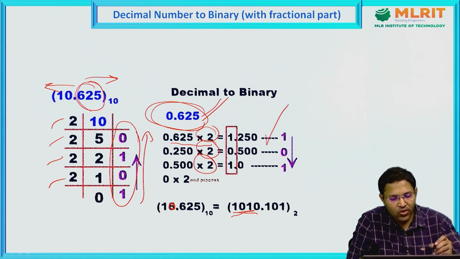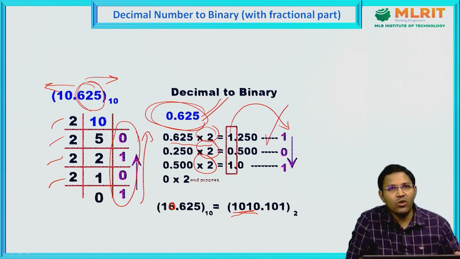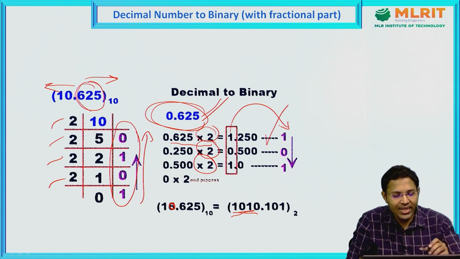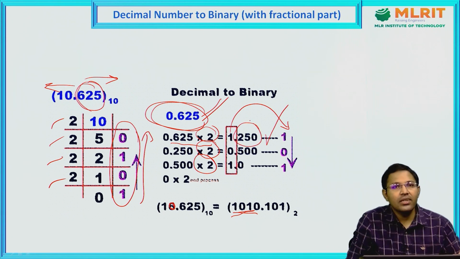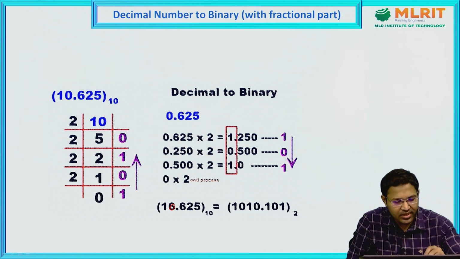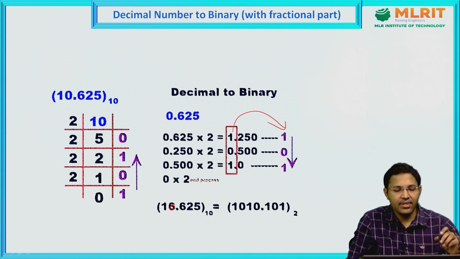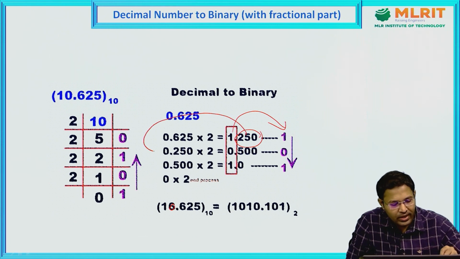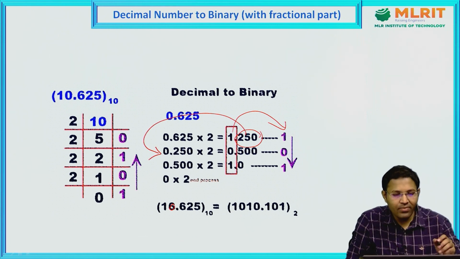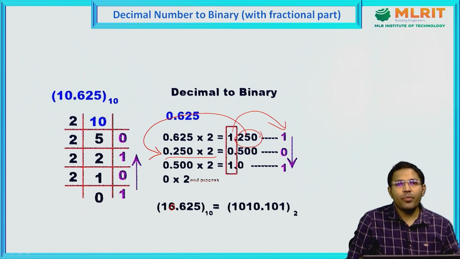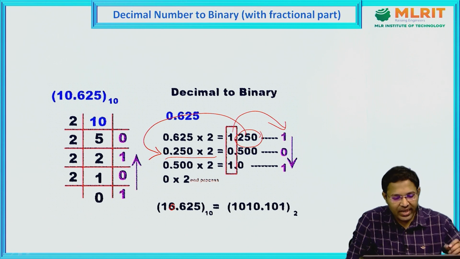So now this 1 we are going to take out, remove it, and write it on our right side. The remaining 0.25 we are going to write here, and again multiply by 2. 0.25 into 2 gives us 0.5.